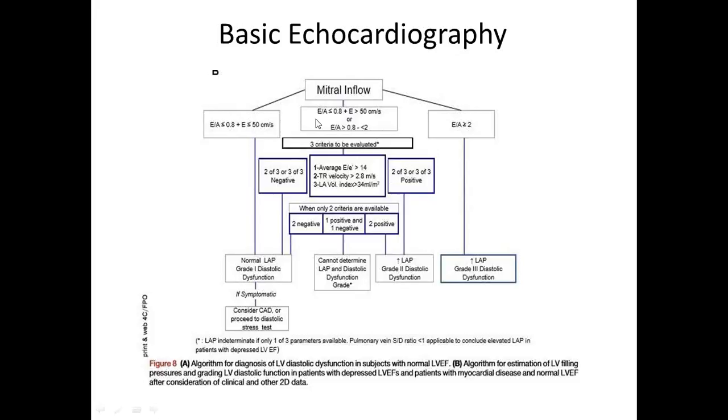So this group of patients, if they have E/E prime average greater than 14, TR velocity greater than 2.8, left atrial volume index elevated, then this is your grade 2. Grade 2.